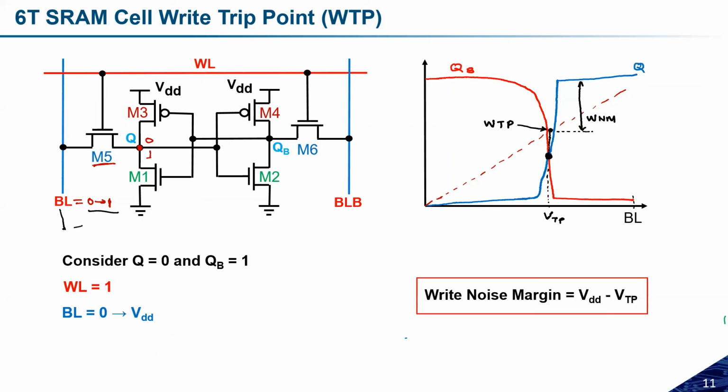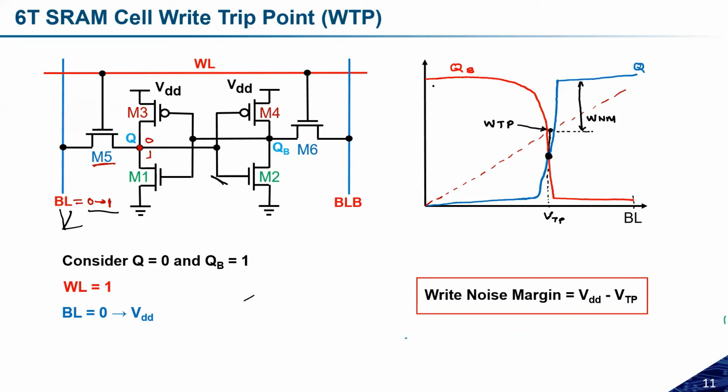And because I want to change the logic at Q from 0 to 1, in that case, I need to set the BL voltage from 0 to 1. So here what I am doing, BL is changing from 0 to 1. And if it crosses the trip point voltage, like BL is sufficiently high to change the logic of both the inverters.